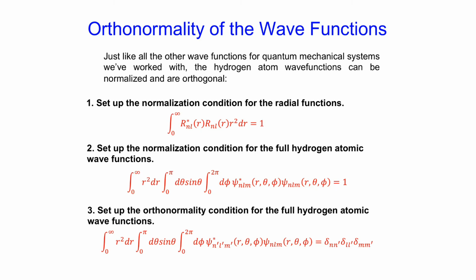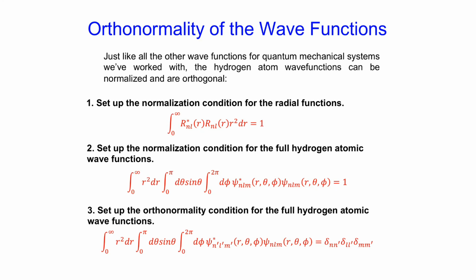Here it's a little bit more complicated. It looks a little bit messier because we have three different indices that we have to keep track of. Remember our functions depend on three quantum numbers, n, l, and m. So that means that we need to have that orthonormality condition for all three of those.